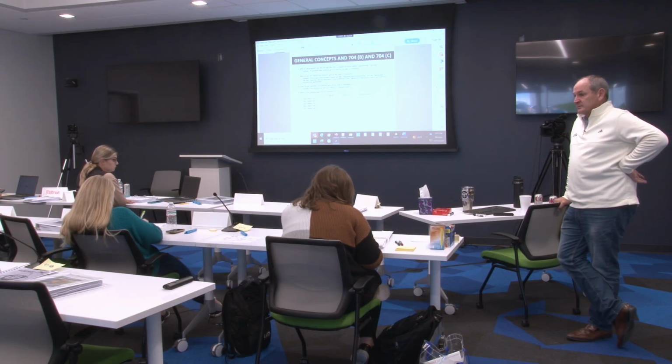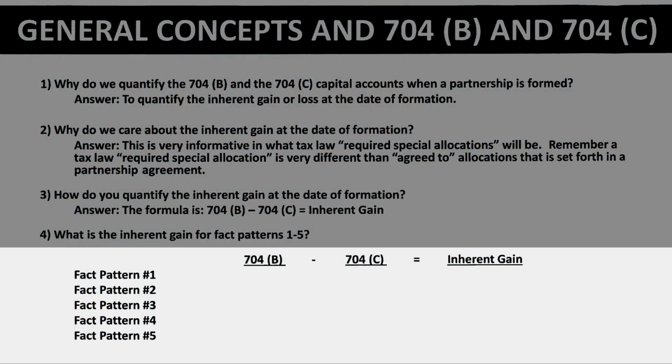Okay. And what's my inherent gain? 9,000, 0, 19,000, 10,000, and 19,000. Okay.